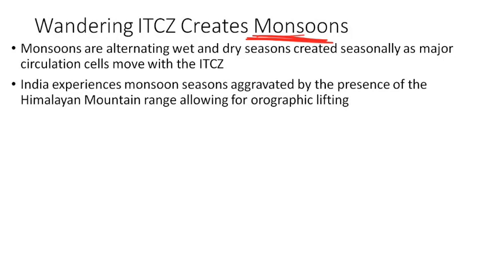All a monsoon means is that you have a seasonal swing in your precipitation due to moving circulation patterns. So the example I have here is the real popular one, the monsoon seasons that India experiences.